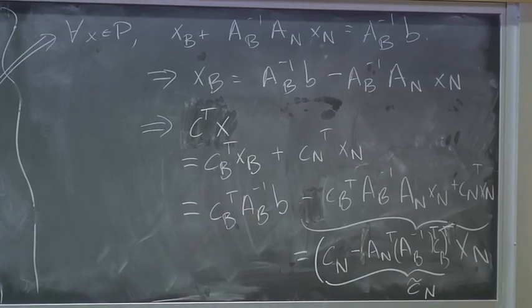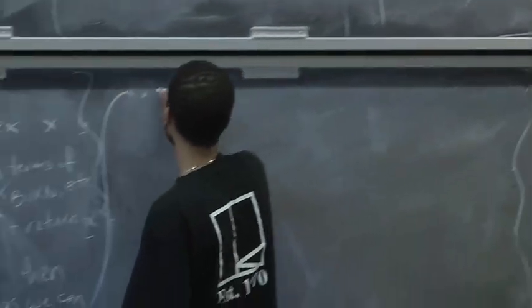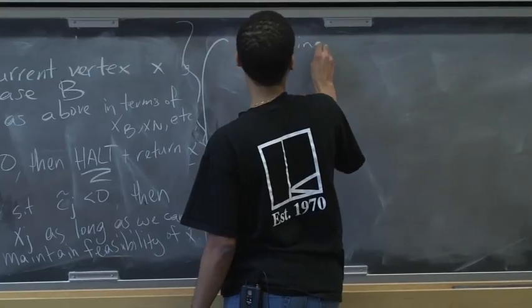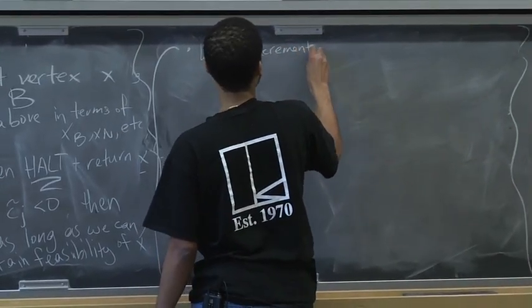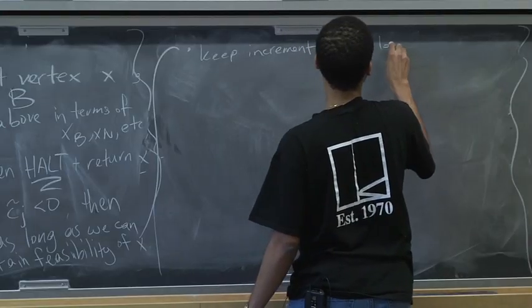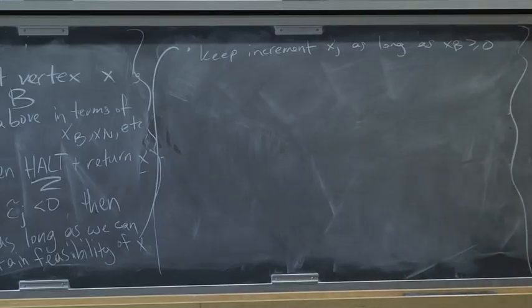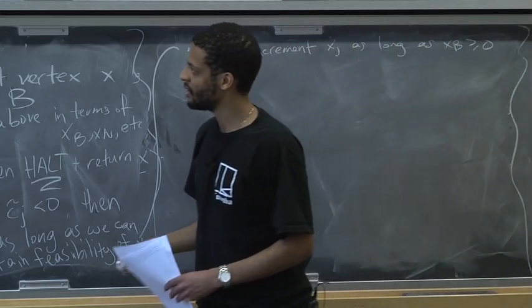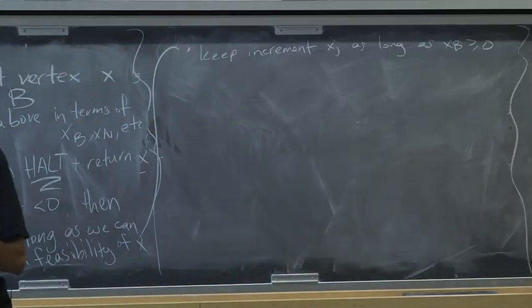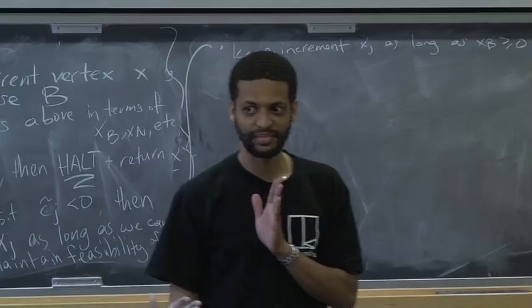So what I mean is keep incrementing xj as long as xB is non-negative. And remember, xB depends on the xN's over there. Okay, so here's the annoying thing. Remember we did this business of augmenting B to make sure it has size exactly m?